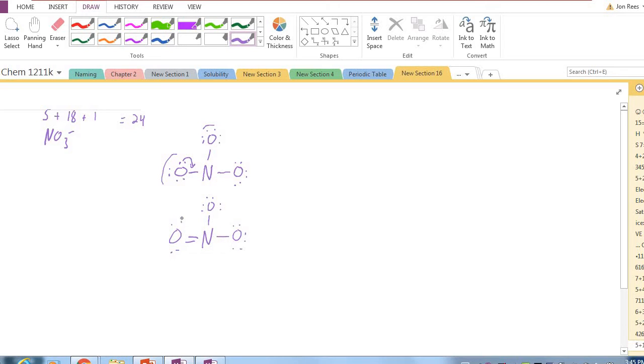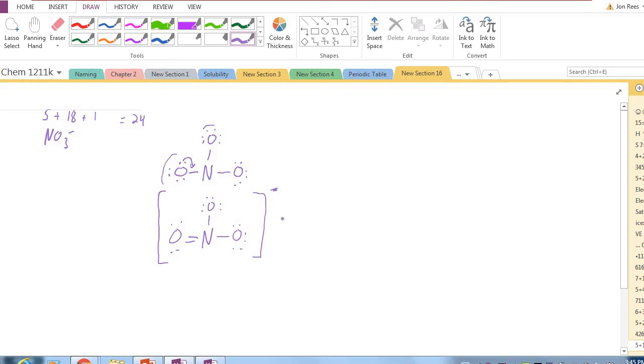Okay, I still have 24 valence electrons, so this is a correct Lewis dot structure. I have an octet around that nitrogen, and so this would be a very good candidate for a Lewis dot structure. I'll go ahead and put that in those brackets with a minus charge, but you can see I have got 2 other possible resonance structures here.